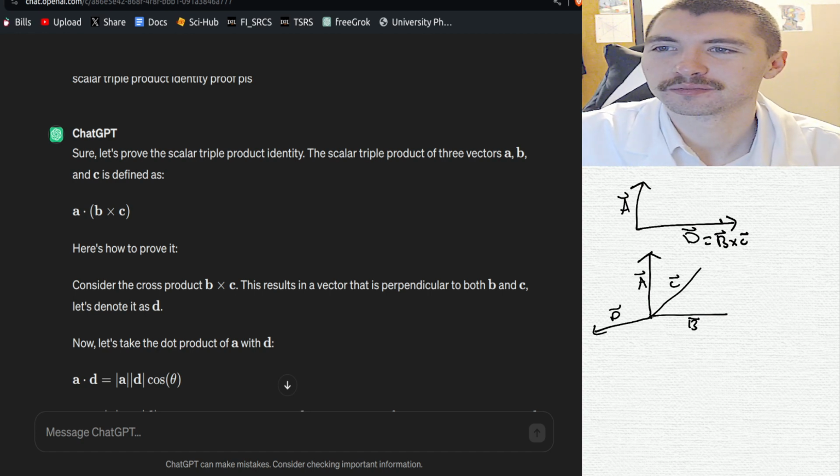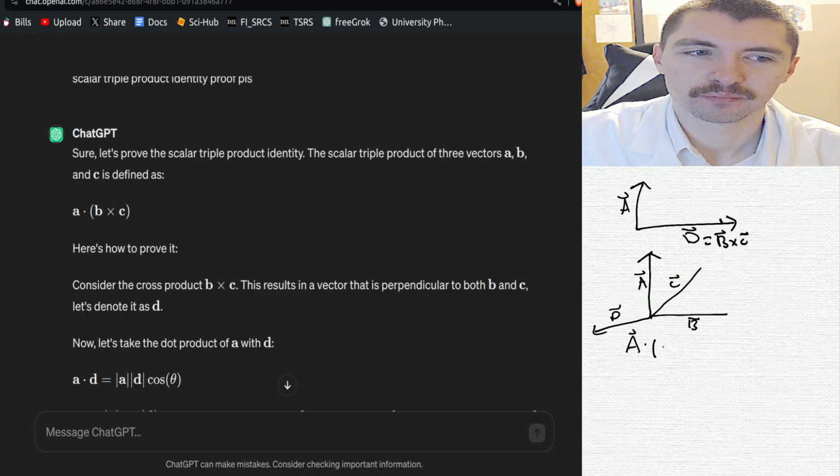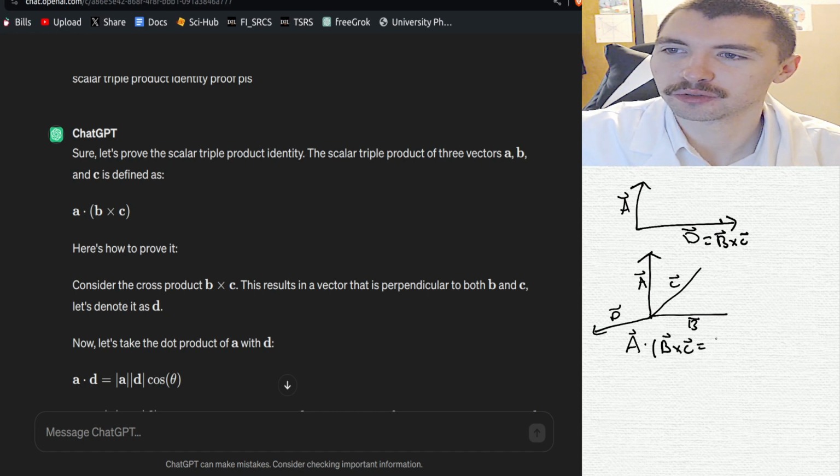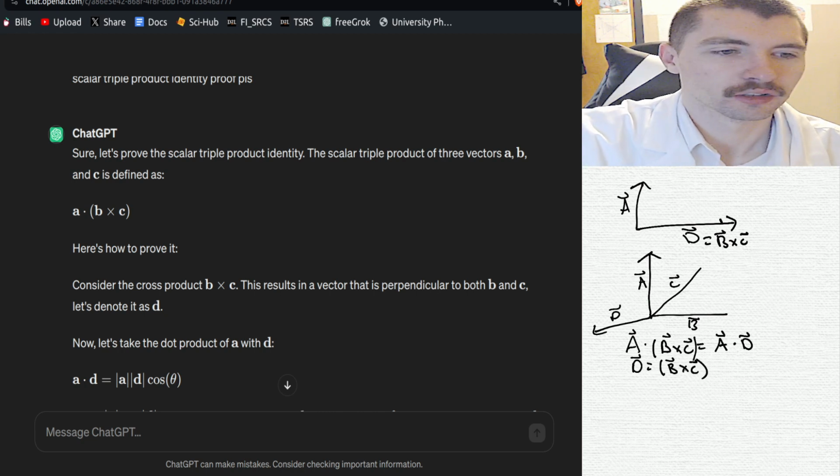So we're trying to do A dot B cross C, which is equal to A dot D, where D equals, okay.